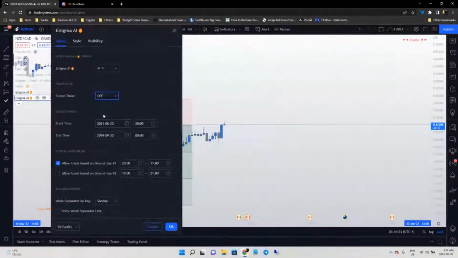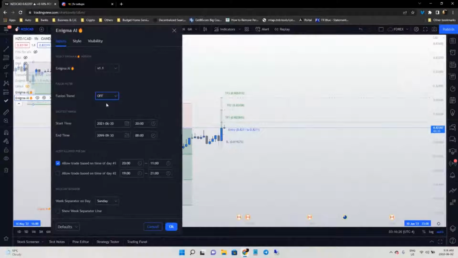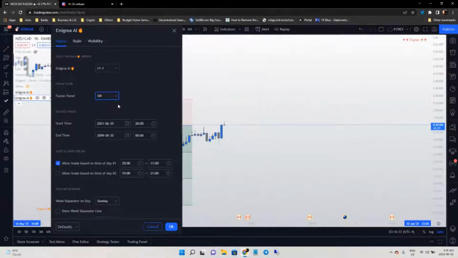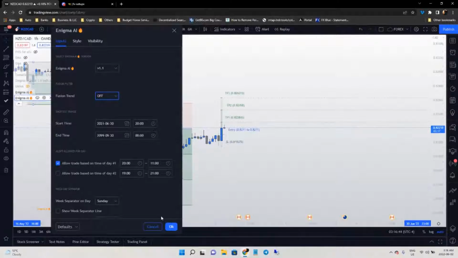I put it on the left for you so you could see. You see it here because it's off, and when it's on, you don't see it because the trend is going down based on fusion, and it's an upward signal. You're not going to see it. Okay, so make sure of that.